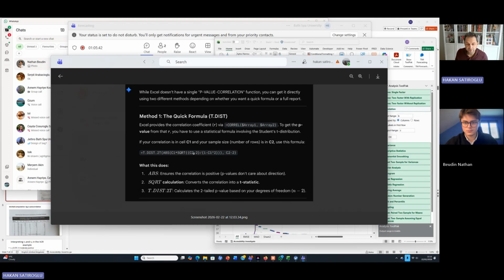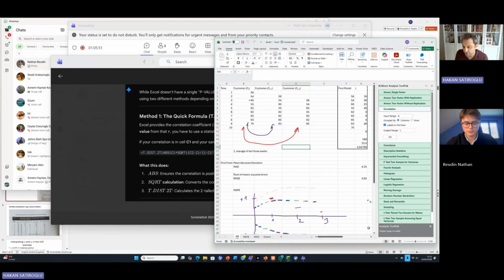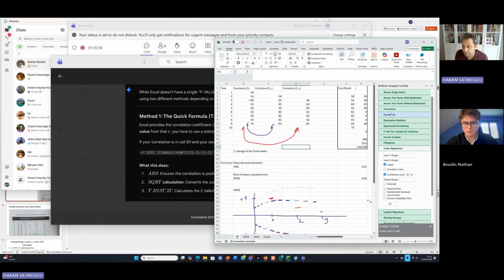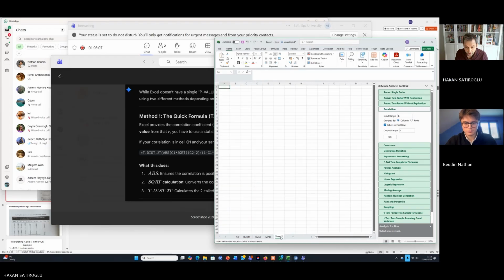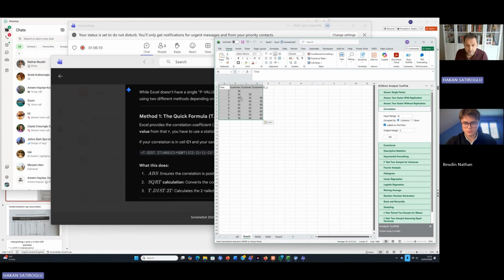Okay, I understand now because I couldn't make sense of it. The number of rows is C2. I have that ToolPak, but I couldn't make it work. It's correlation here, but I couldn't make it. Maybe I need to make a brand new one.